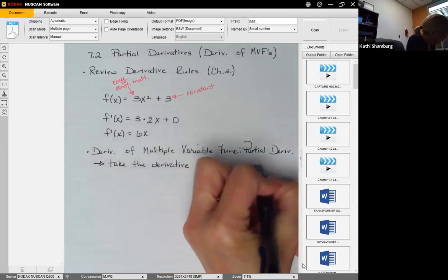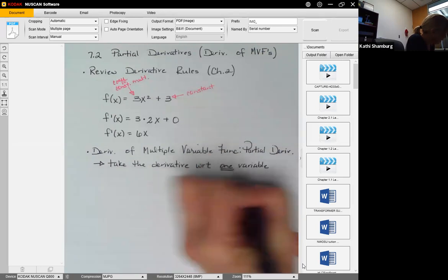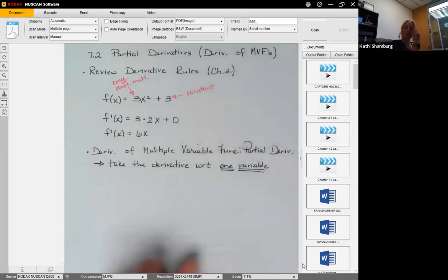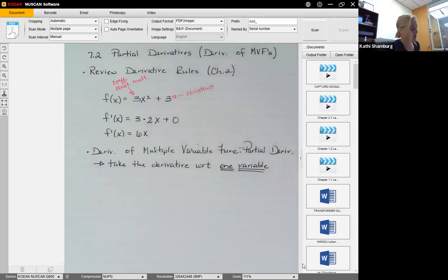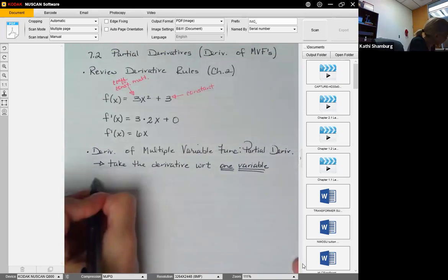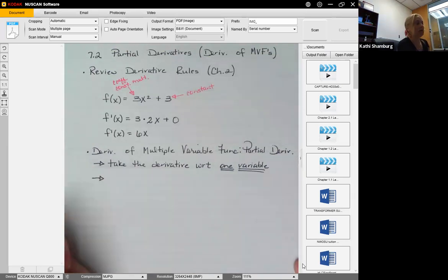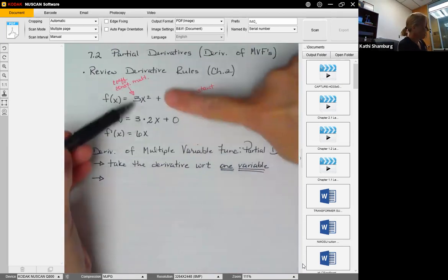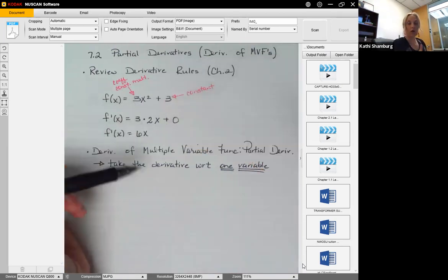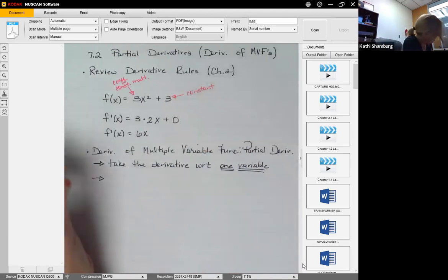So we now have multiple variables, but when we take the derivative, we'll only be taking the derivative with respect to one of those variables, not both at the same time. So what that means is if I take it with respect to x, we took the derivative here with the variable x, so now we're going to also have a y in there.